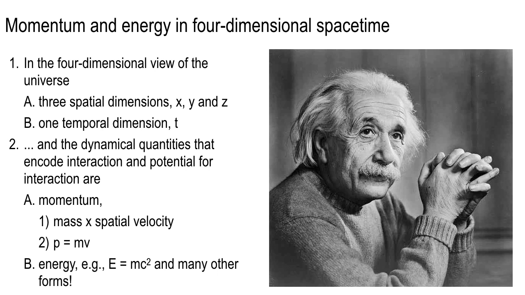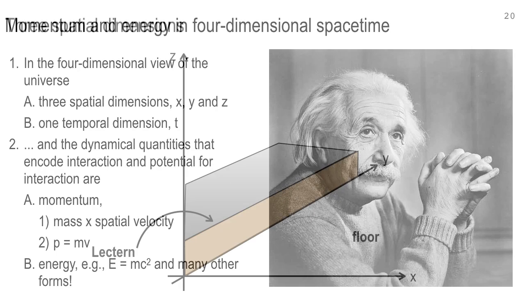And I've already told you that the spatial momentum part is affected by impulse. The energy part is also going to be affected by forces, and I'm going to show you how that works today.